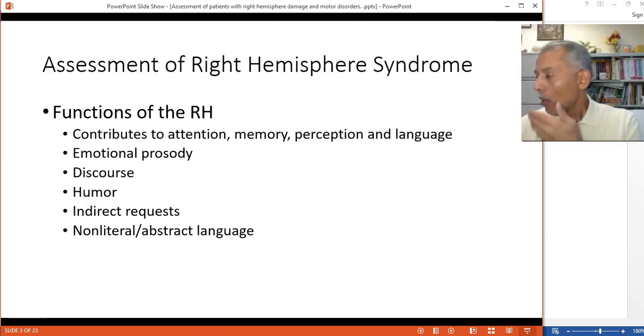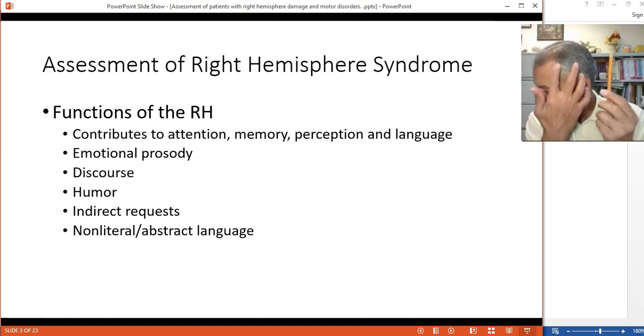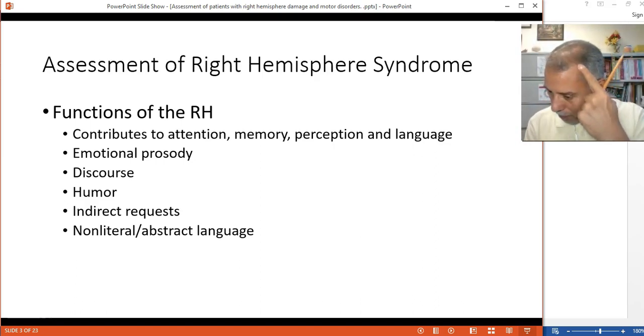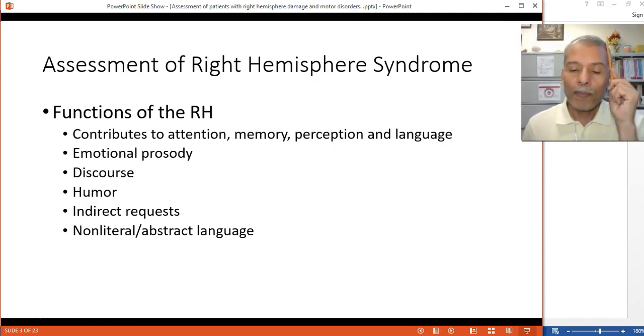And also, keep in mind, research shows that this is Broca's area here, and Broca's area has proceduralized forms of language, syntax, and things that you do not even think about.